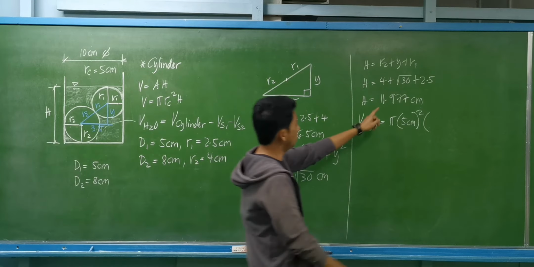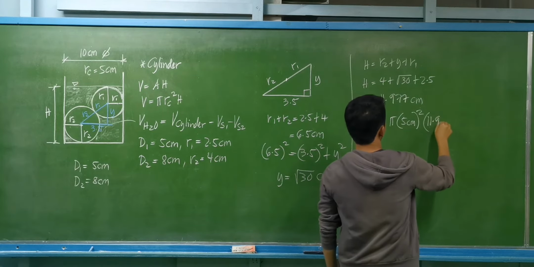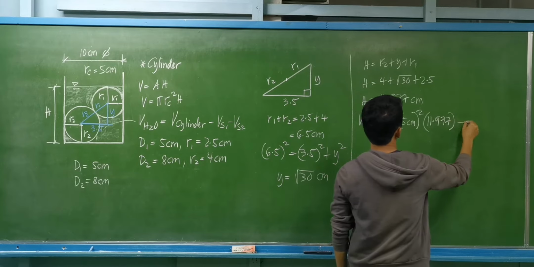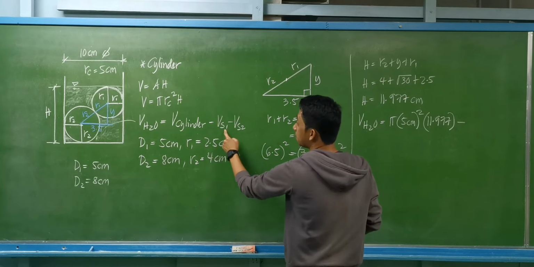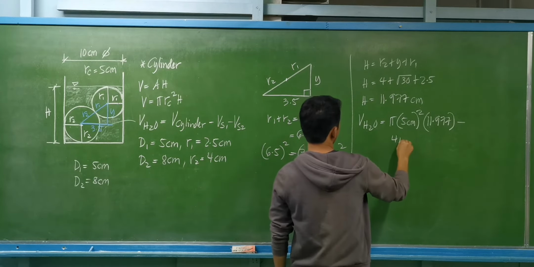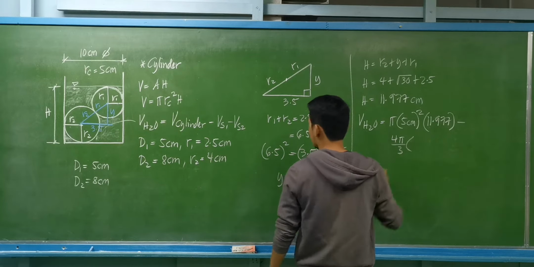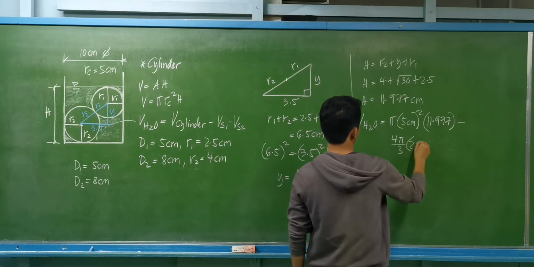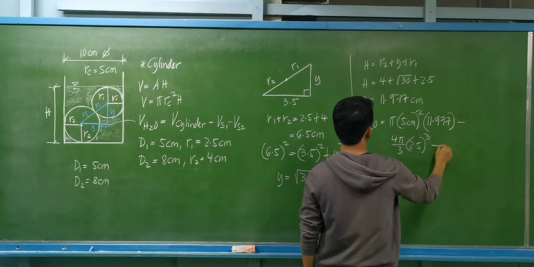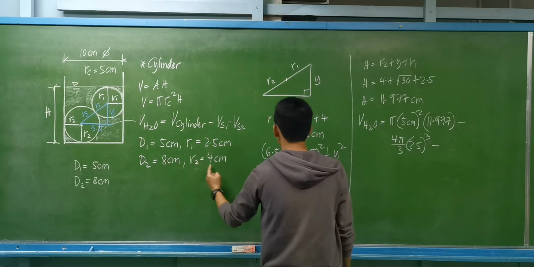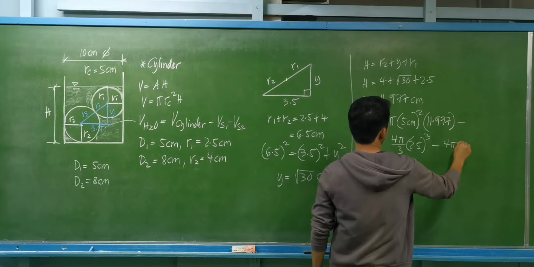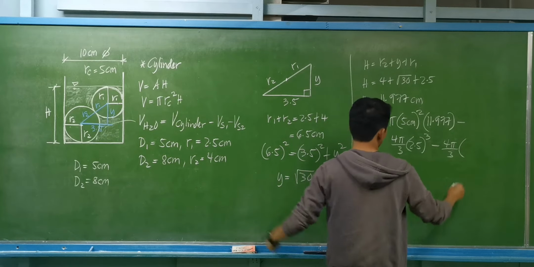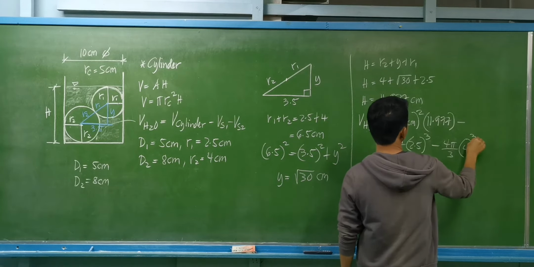That is 11.977 minus volume of sphere number 1. That is 4 pi over 3, the radius of sphere number 1 is equal to 2.5, raised to 3, minus the volume of sphere number 2. That is 4 pi over 3, the radius of sphere number 2 is 4 raised to 3.